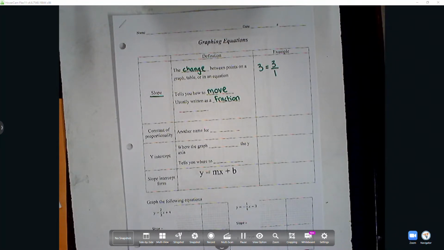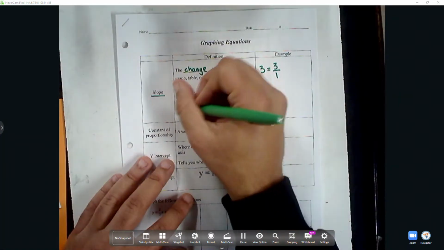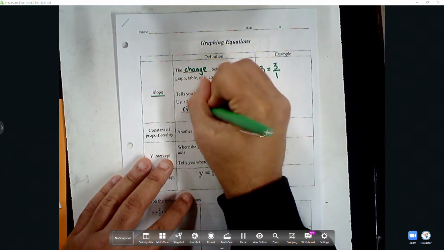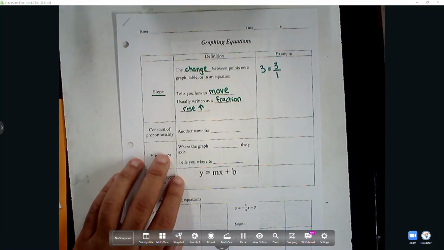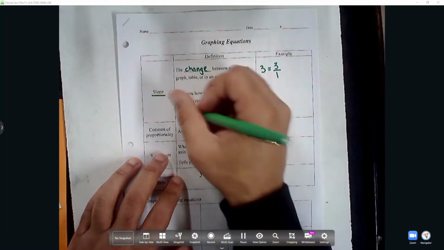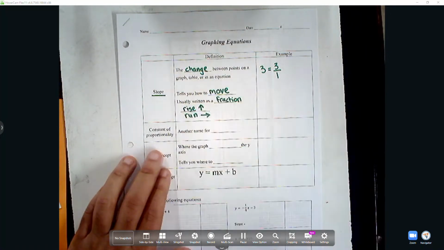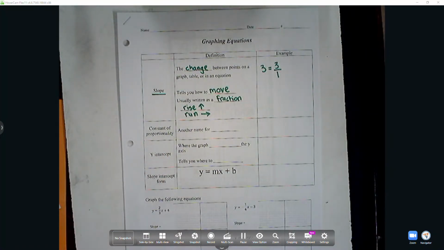The reason why we write it as a fraction is the numerator and the denominator, so the top and the bottom, have meanings. The top tells us about the rise, or how much we go up. The bottom, the denominator, tells us about the run, how much we go to the right. So it's telling us rise and run.